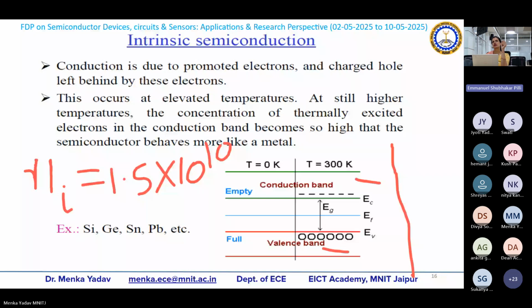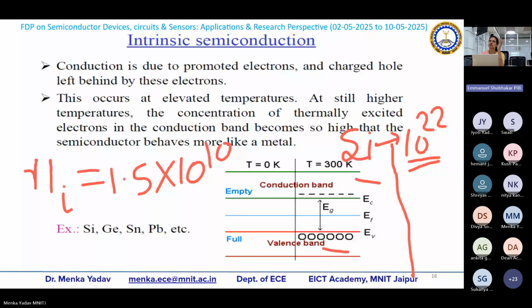This is the standard value for room temperature for silicon. If we change the material, let's say germanium or something else, then this value is going to change. These are the electrons and holes available in the silicon structure, even though it is pure silicon. Approximately 10 raised to power 22 atoms per centimeter cube are available in silicon.